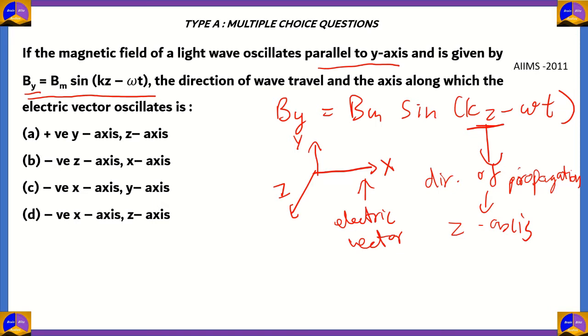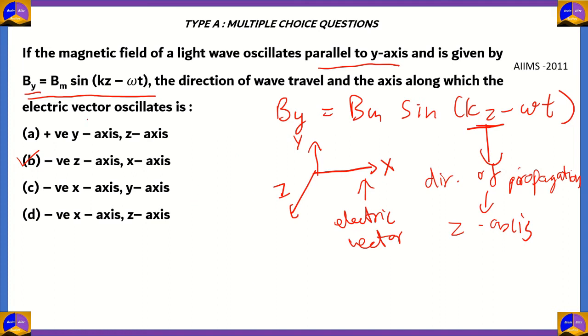So therefore, the electric vector has to be along the x-axis, and the direction of light has to be along the z-axis. So the right option will be option B, negative z-axis and x-axis. It doesn't matter whether it's negative or positive. Both directions will always be perpendicular to both the x and y axes.